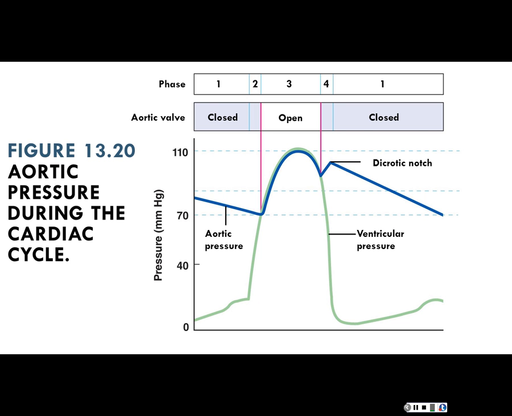So if you were to correlate this to the first cardiovascular lab that we did, that highest pressure would be which? If I were to measure this out in your systemic circuit, that would be your systolic pressure.